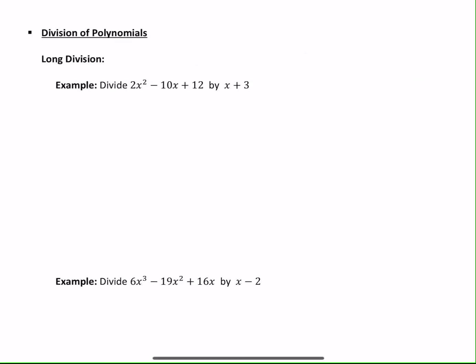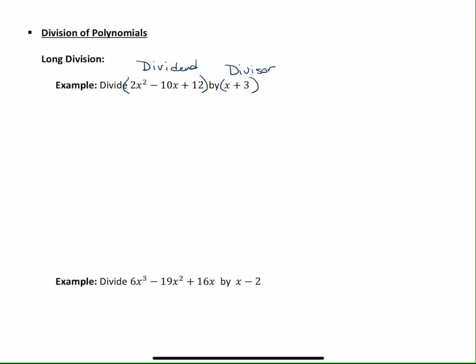So let's look at some long division of polynomials. Again, here we've got our dividend and our divisor. Now there's a couple things you need to be careful of when you're dividing a polynomial.